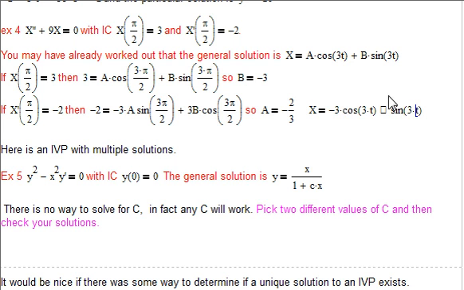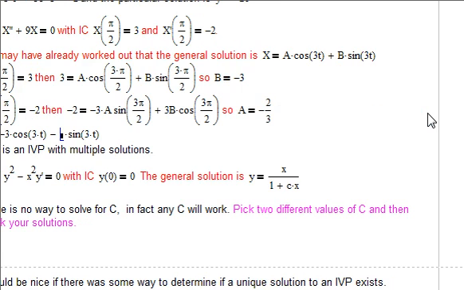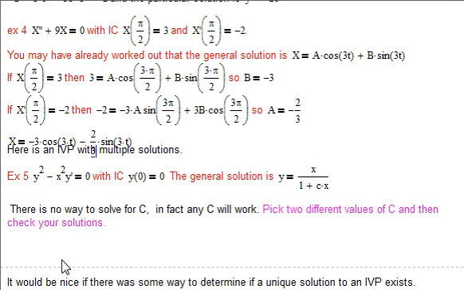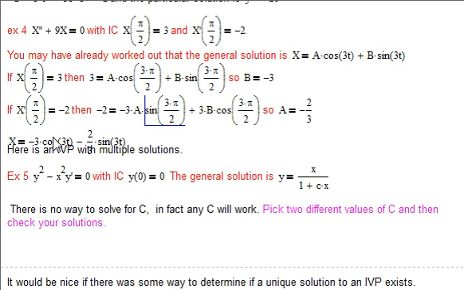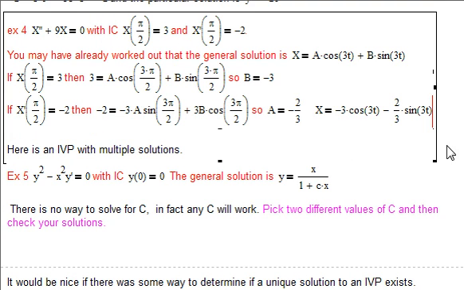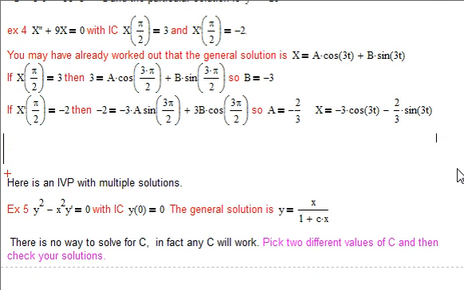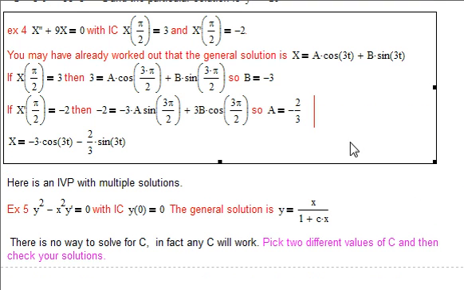Sometimes I don't like typing. Got it in there now. I think that's saying what I wanted to, but it's not in the right place, so I'll have to move this down. There we go. So that's our solution for that one.